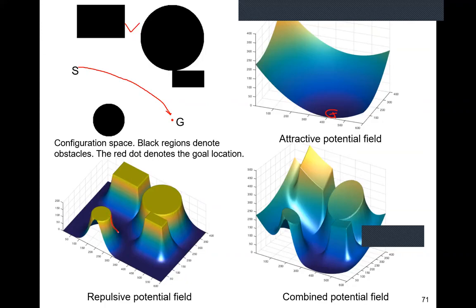So even though you're close to an obstacle, it tries to repulse you away. Then by adding these two curves, you get the combined potential field like this. Your starting location is here. Imagine it's a ball rolling down the hill. It'll naturally avoid the obstacles and seek the low points on this surface, eventually reaching the goal location. So it's a very intuitive method.